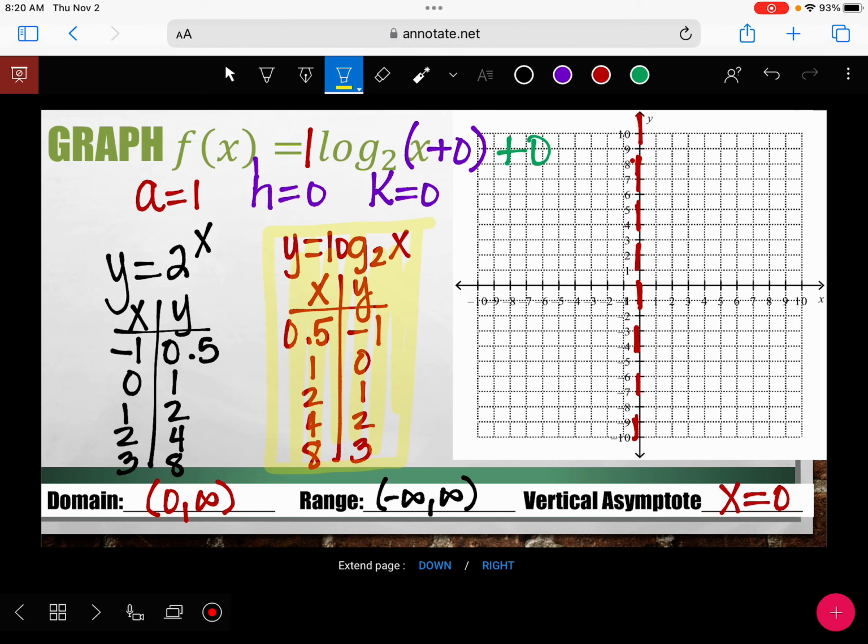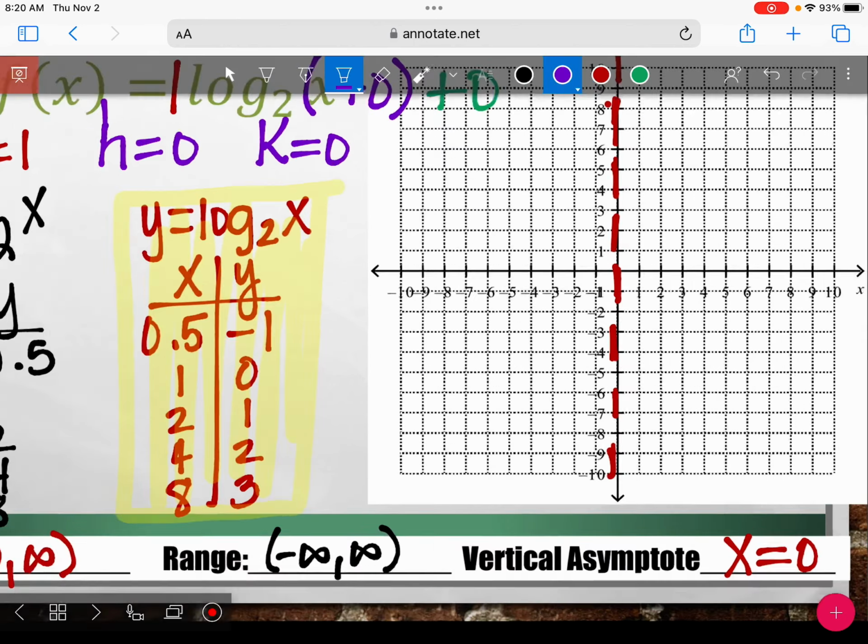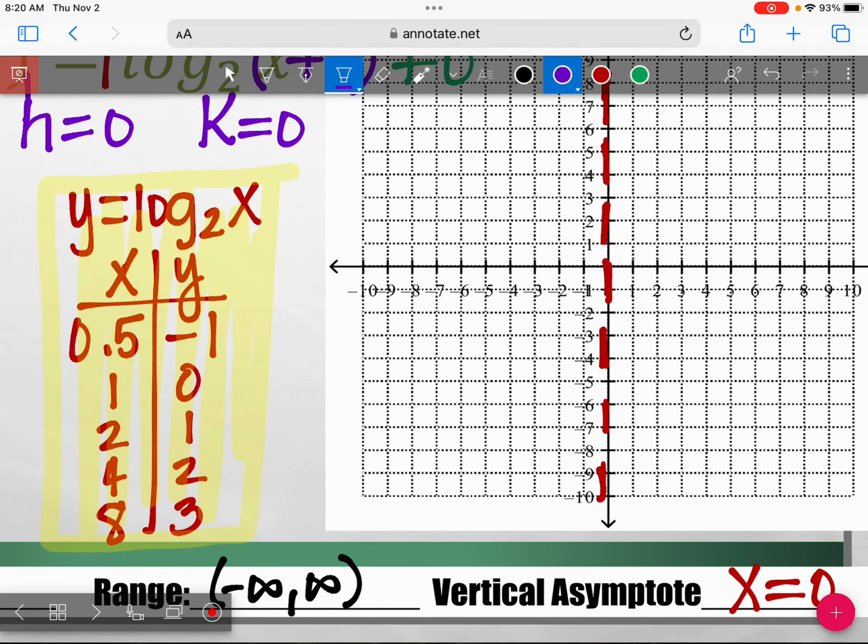So I'm going to go ahead and graph that in. All right, so 0.5, negative 1. And then 1, 0, 2, 1, 4 up 2, 8 up 3.